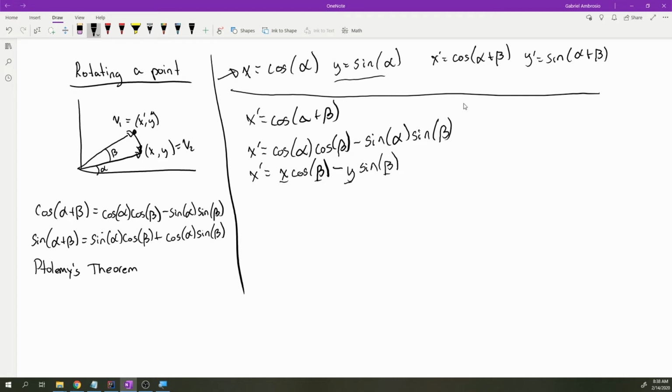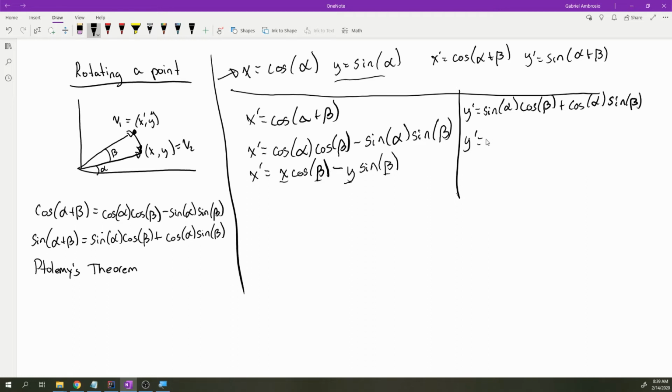Let's see if we can do the same thing for y prime. So y prime is equal to sine of alpha plus beta, which is actually sine of alpha cosine of beta, plus cosine of alpha sine of beta. Well, hey, sine of alpha, that looks familiar, right?